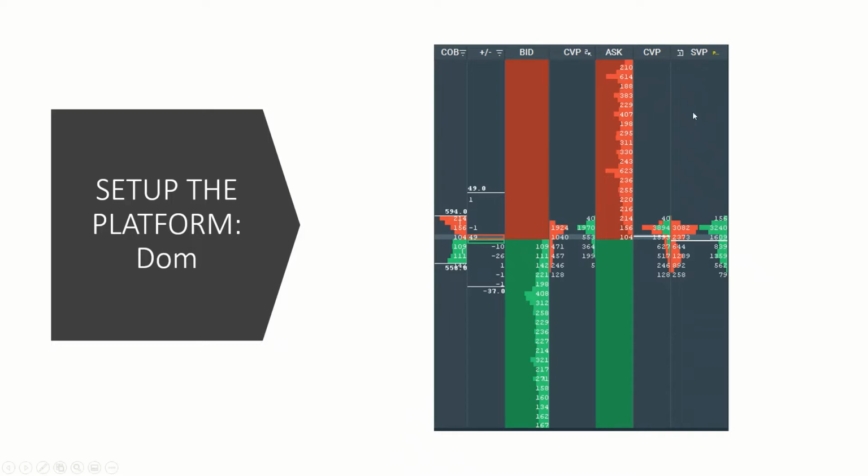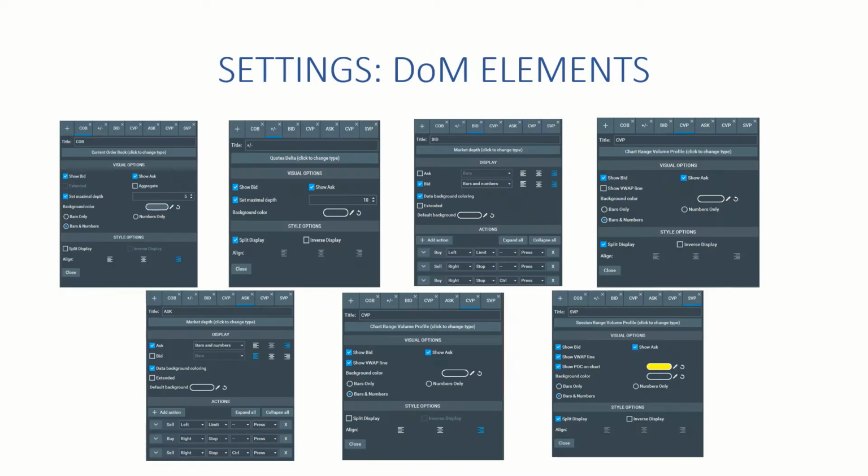I like to have both of them so that I see the entire session range volume profile. But if I want to zoom into a smaller time window, then I can see the specific volume profile for that time period that I look at.